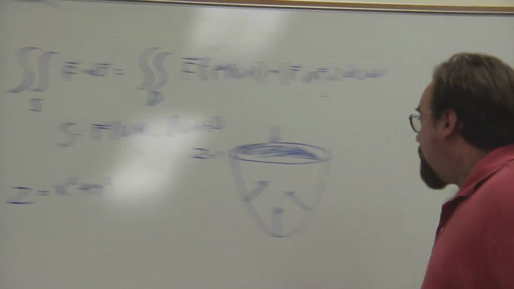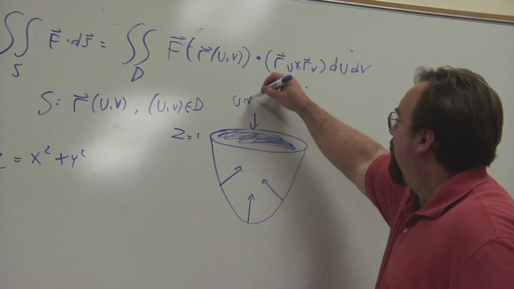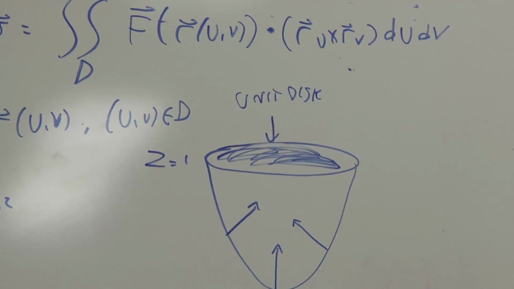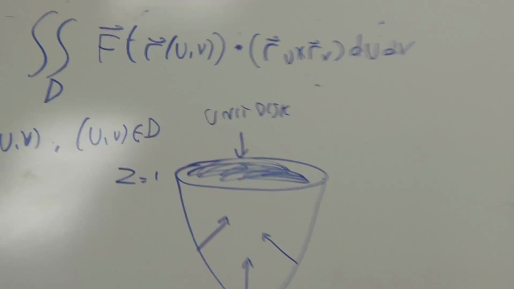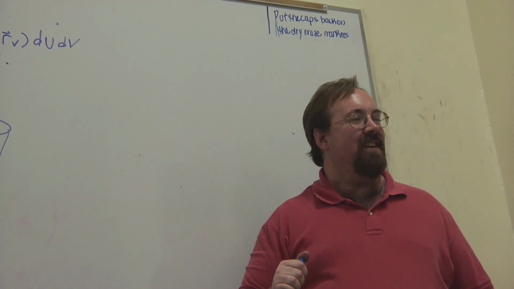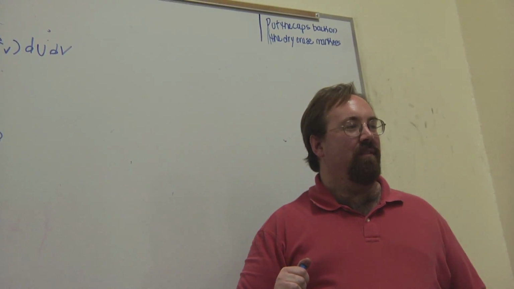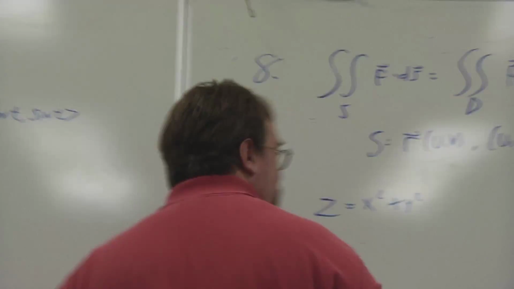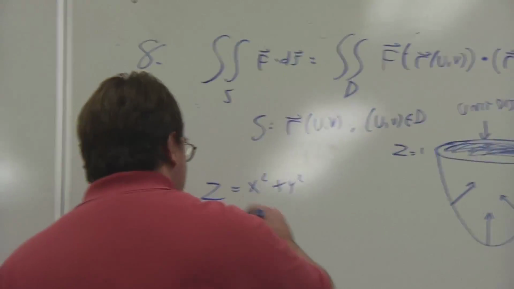This is a unit disk, which suggests you use what to help you parameterize this whole thing? A circle. Spherical coordinates. Or cylindrical. Cylindrical coordinates, yes. That's what I meant. Is that what you used? I think so. It's the z one I'm worried about.